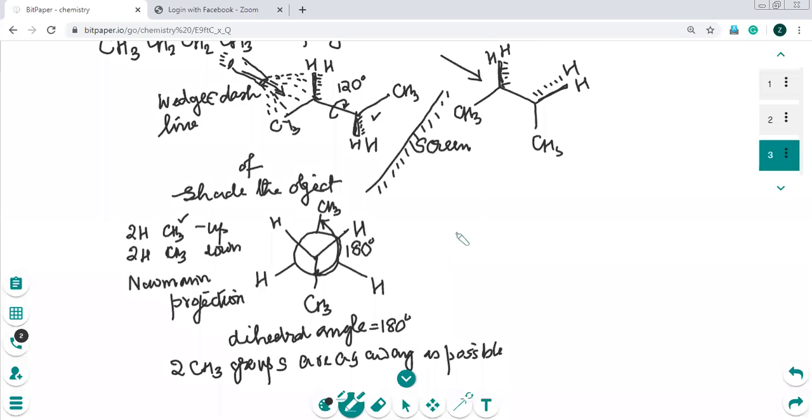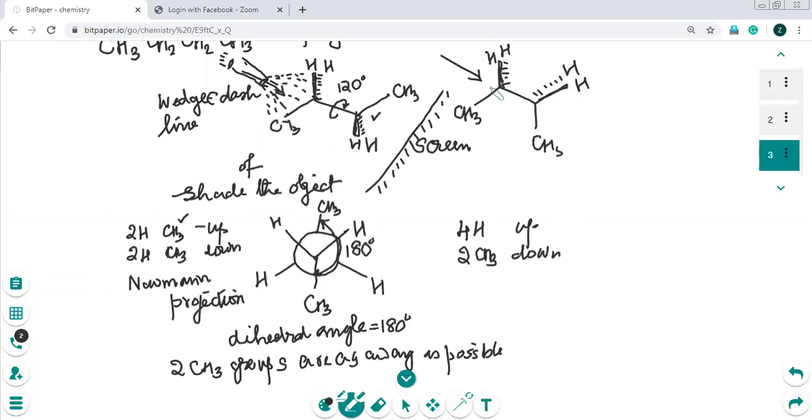You have two groups on the lower side: 4 hydrogens up and 2 methyl down. Now observe what about the hydrogens? The 4 hydrogens, are they vertically up or are they bent?